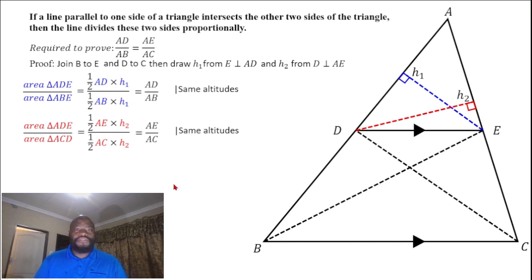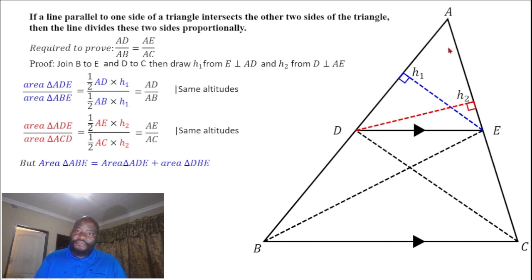Next, what we want to do is end up equating these two things. But we first need to prove that, since the numerators are the same, it's the same triangle ADE, we now need to prove that ABE's area and ACD's area are the same. But let's look at ABE.